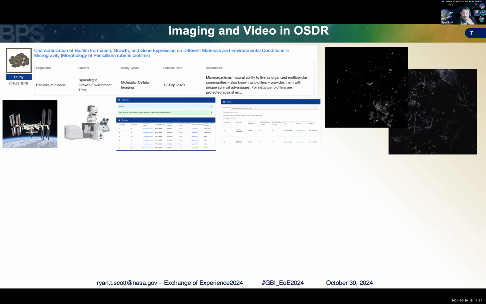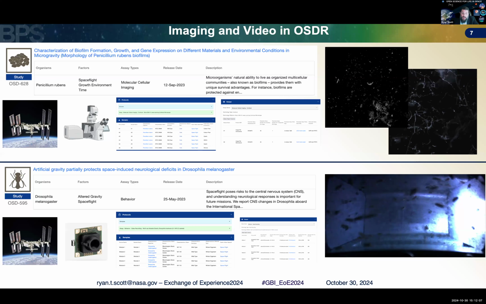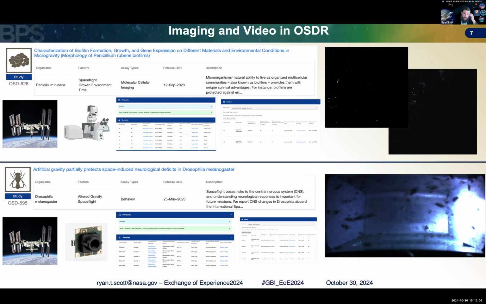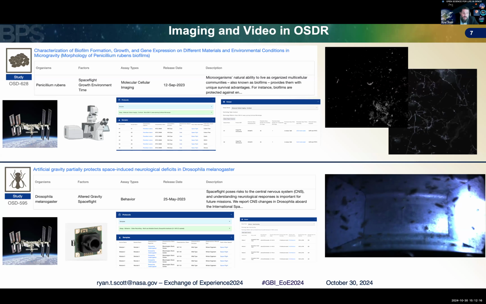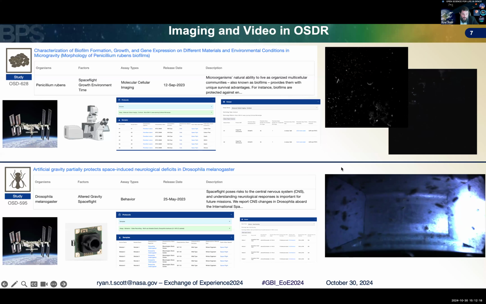Now, in terms of imaging, this is just a snapshot of a couple examples of data sets. These were microbial biofilms that were studied on the International Space Station, and just an example of some confocal imaging. We also have videos. These are videos of fruit flies that were on the International Space Station that were collected and curated, and we tried to work on standardizing the metadata as much as possible.